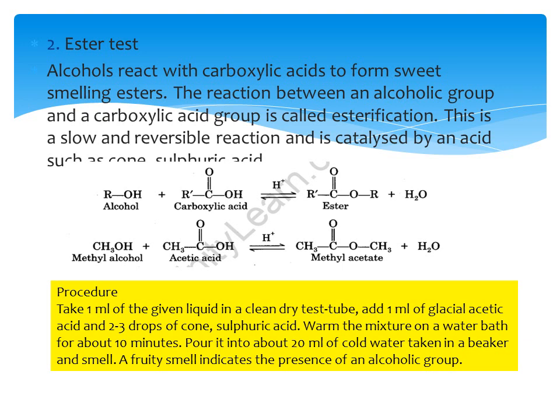Warm the mixture on a water bath for about 10 minutes, then pour it into cold water in a beaker and smell it. A fruity smell identifies the presence of the ester group. The point to note is that if both acid and alcohol are present in the given organic compound, this test is not suitable. Then you go for the sodium metal test.